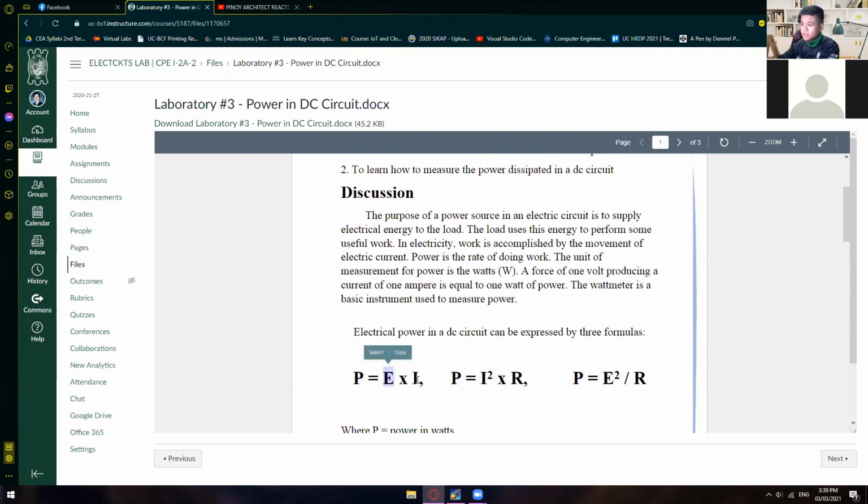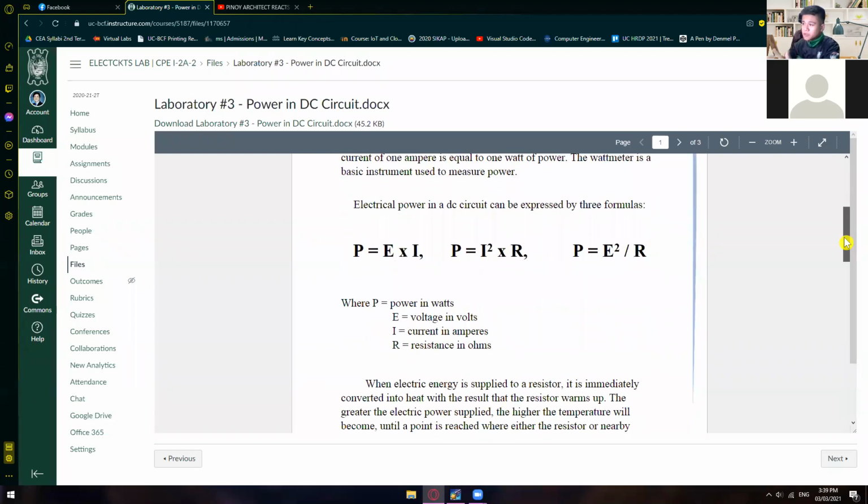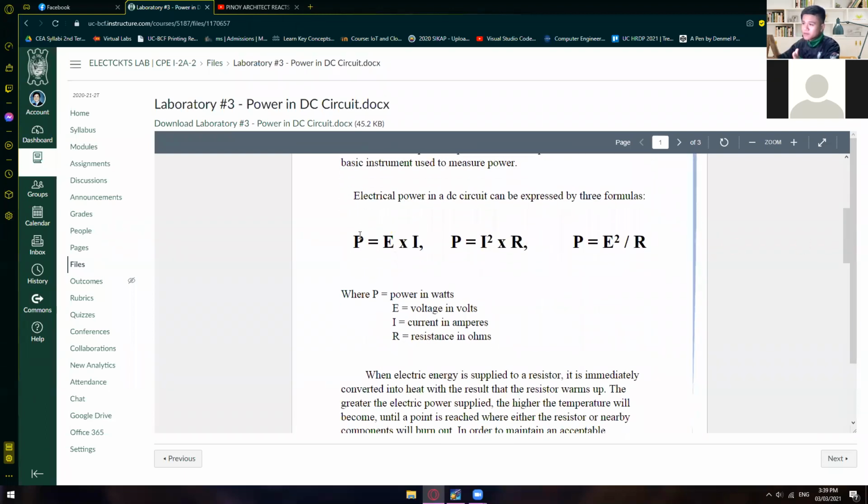We have the voltage times the current, I squared times the resistance, E squared divided by the resistance. You can use any of those to get the power if you're going to solve it manually. But if you're going to use LT-Spice, you don't need those anymore.